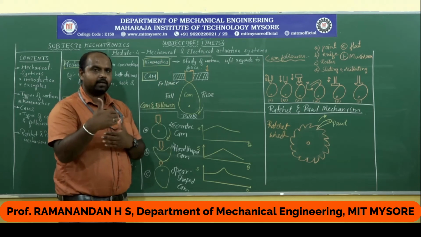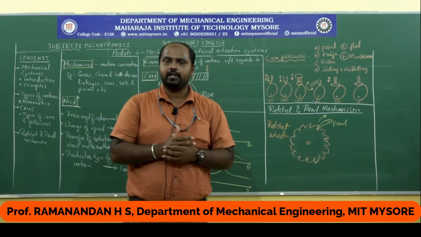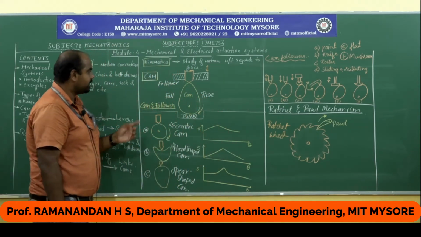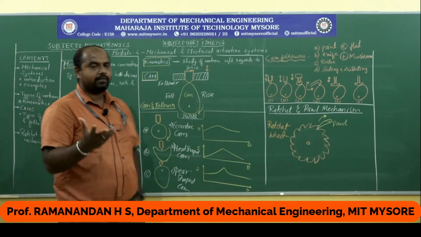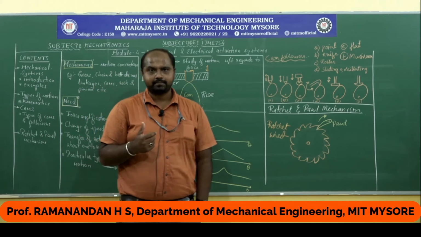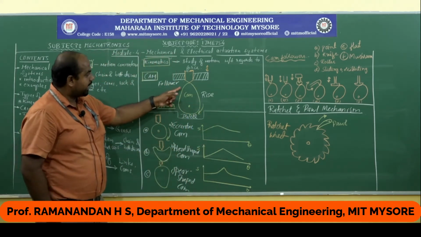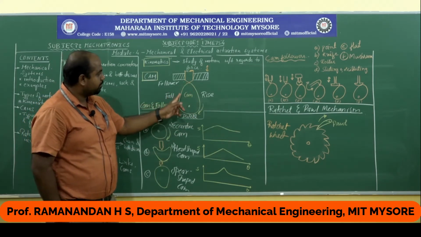Keeping kinematics in mind, we will next approach all the ways of mechanical actuation systems. You can see here the first important mechanism we have considered is the cam. Understanding the cam, a cam is nothing but a pear shape.